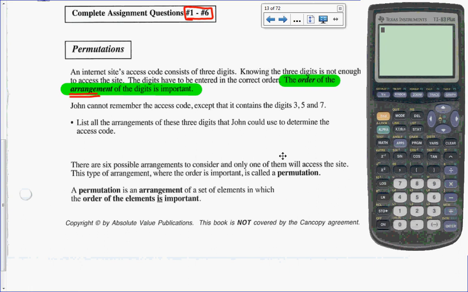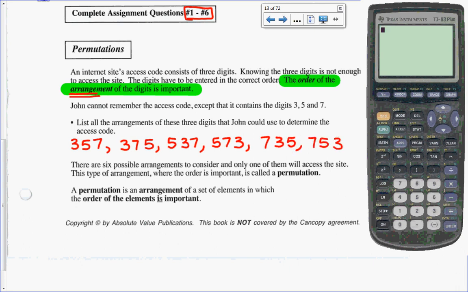Well, we know it could be 3, 5, 7, or it could be 3, 7, 5, or if it didn't start with 3, maybe it started with 5: 5, 3, 7, or 5, 7, 3, or maybe it didn't start with 5, maybe it started with 7: 7, 3, 5, or 7, 5, 3. So there are actually 6 possible arrangements to consider, and only one of them will actually access the site.